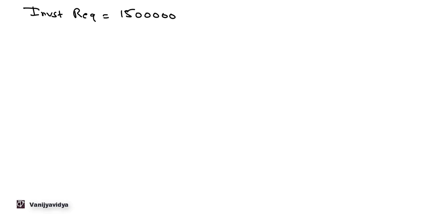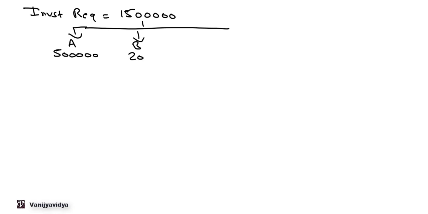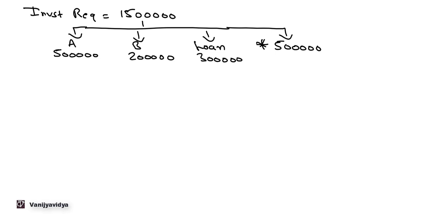Out of this A has 5 lakhs, B has 2 lakhs, and the loan they will get is 3 lakhs. So the total comes to 10 lakh. The balance is 5 lakh, that is 15 lakh minus 10 lakh.